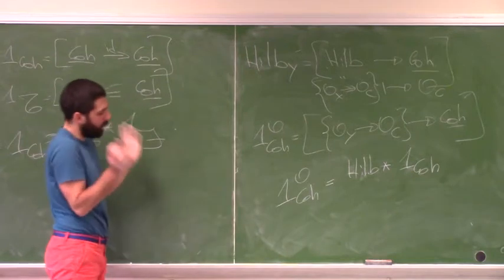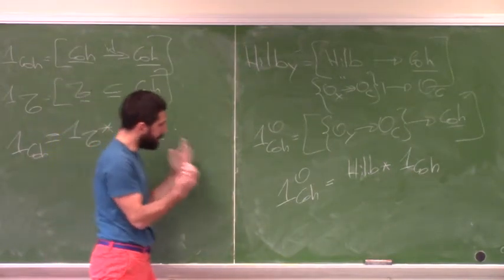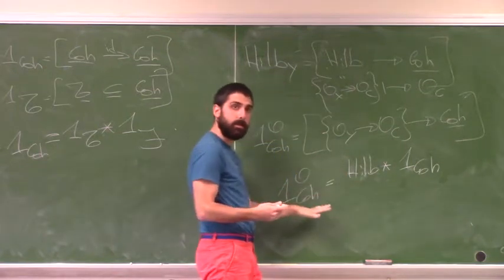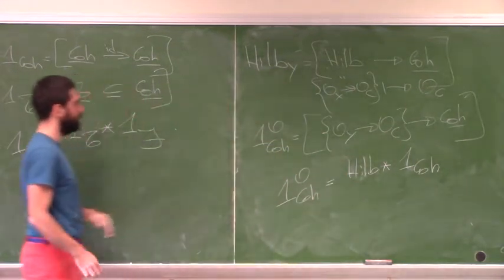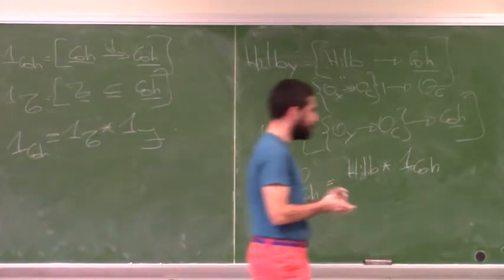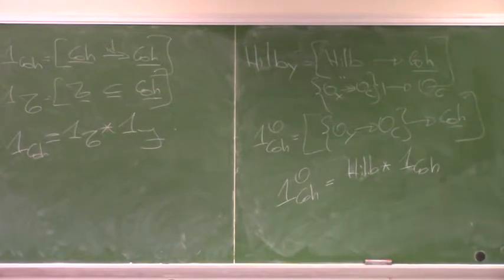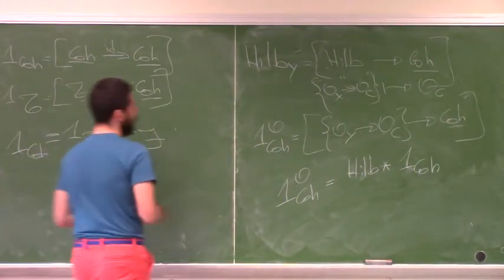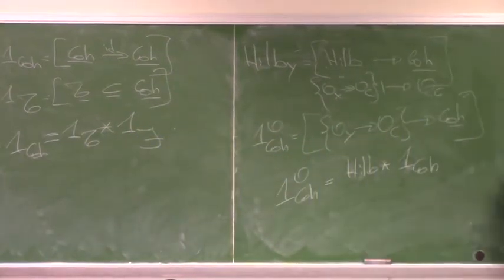This is obviously too fast, but the point is that the first isomorphism theorem translates into an identity in this ring, in this Hall algebra. And I guess I'm running out of time. But the point is that these two identities are pretty much all we need to get the theorem we want. So let me just try and explain this briefly.